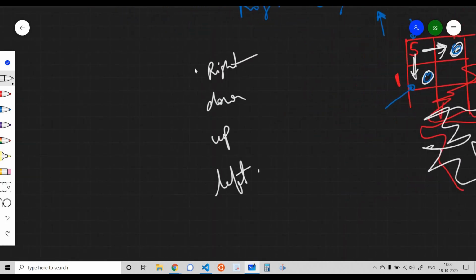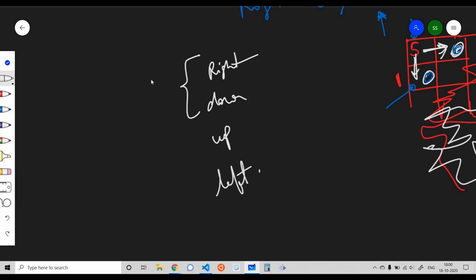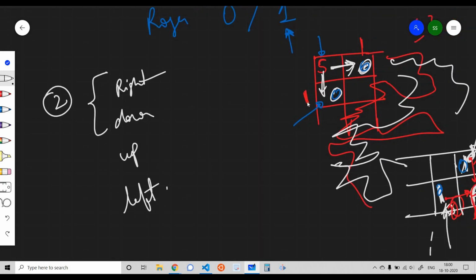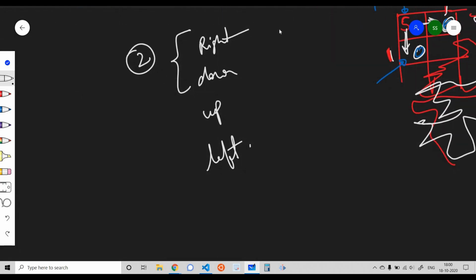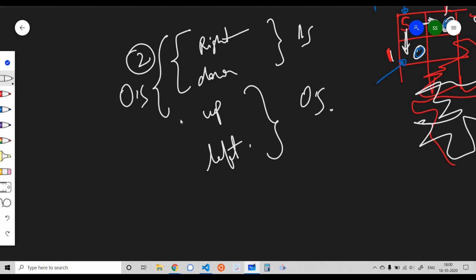Then I see if the sum of these 2 is 2, it means they both contain 1. Then I will be converting the other 2 cells into 0. So if these 2 are 1s, then I need to convert these 2 into 0s. And in the other case, when these 2 are both 0s, then I need to convert these 2 into 1s.